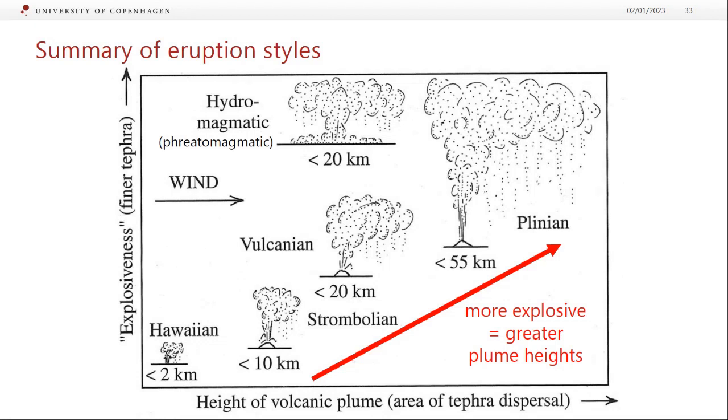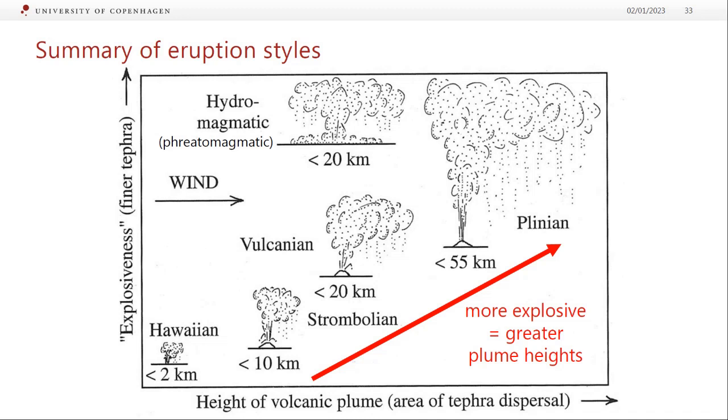Okay, so just to put it all together, this is a summary of eruption styles, and here it's plotting explosiveness. This is the tephra, the stuff ejected, getting finer and finer as it gets fragmented more and ripped apart. And on this axis is the height of the volcanic plume. So basically, the more explosive, we're getting more fragmented tephra and greater plume heights.